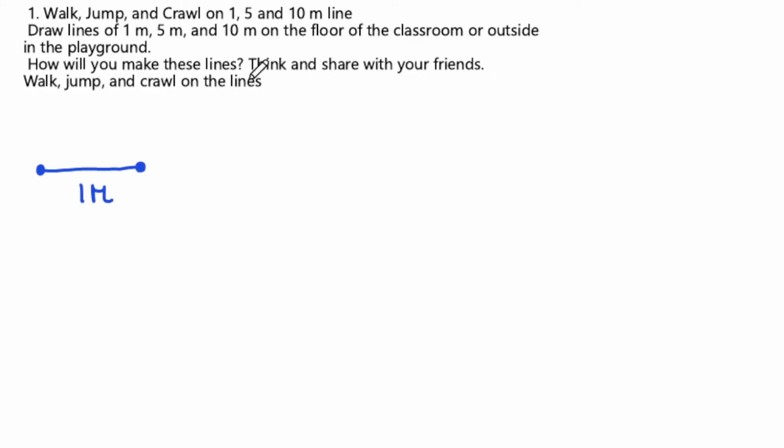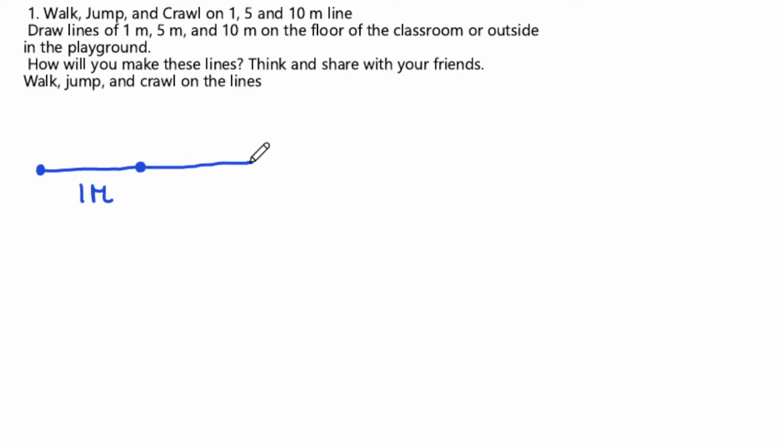And how are you going to make this line? Either I'll use a rope, or a color powder, or crayons, anything to make this line. So 5 meters, how do I do it? First I made 1 meter, then I extend the same up to 5 times to make 5 meters.